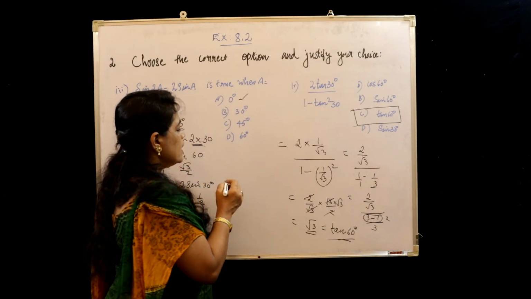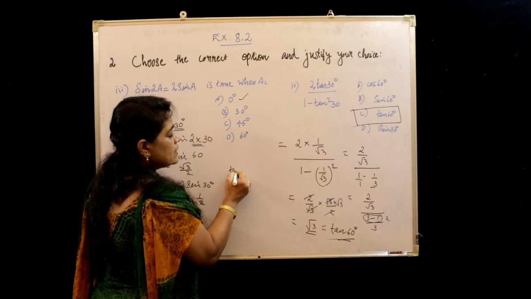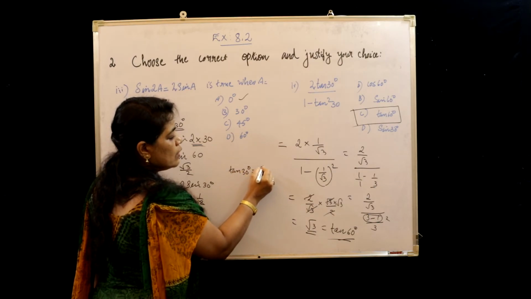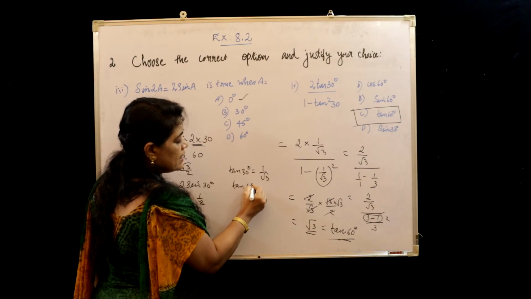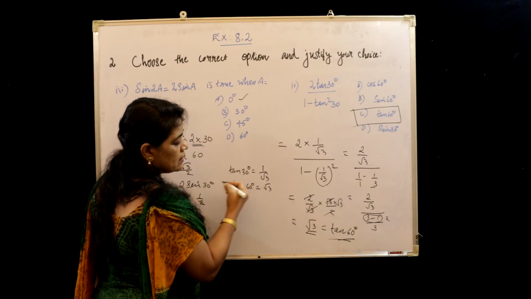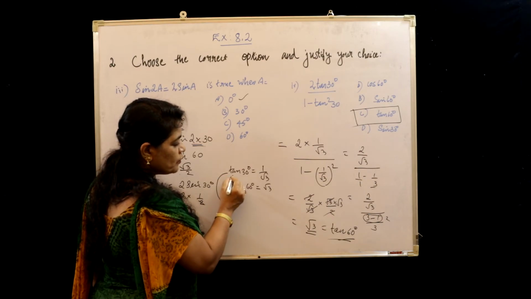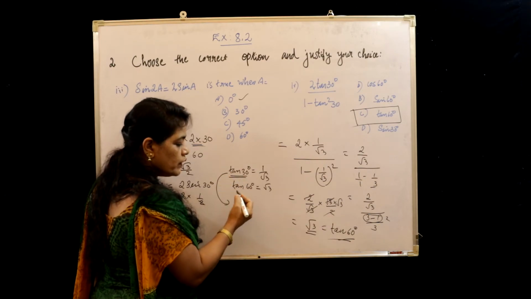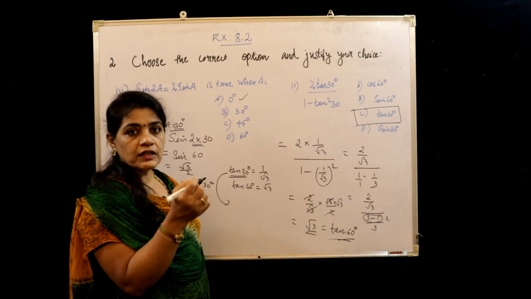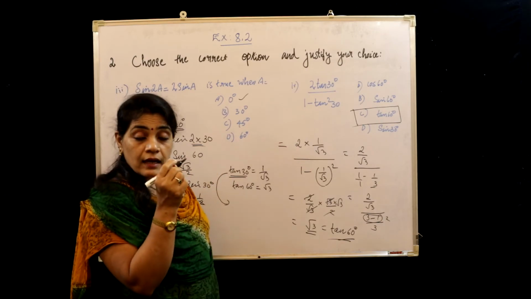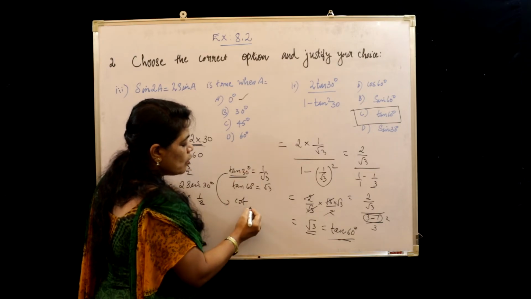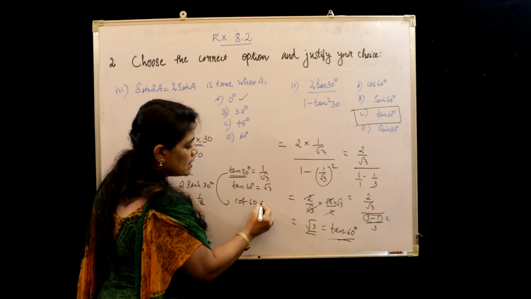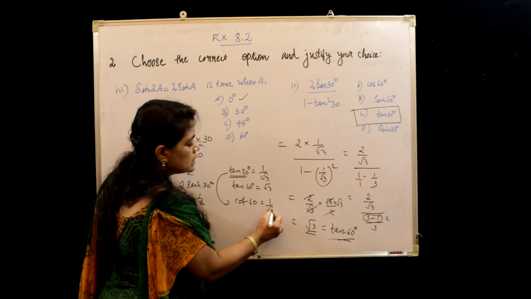See children, here tan 30, you by heart this value 1 by root 3 and tan 60 degree equal to root 3. Okay, we know the complementary relation, tan its complementary ratio is cot, okay, and 30 complement is 60. So this is equal to 1 by root 3.